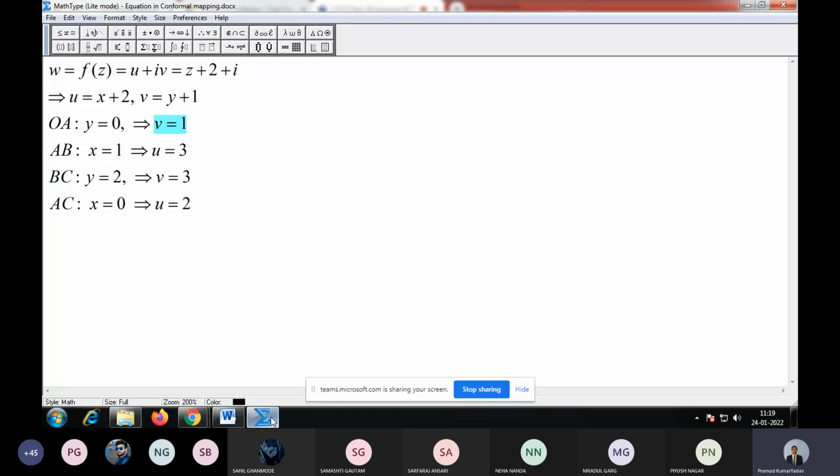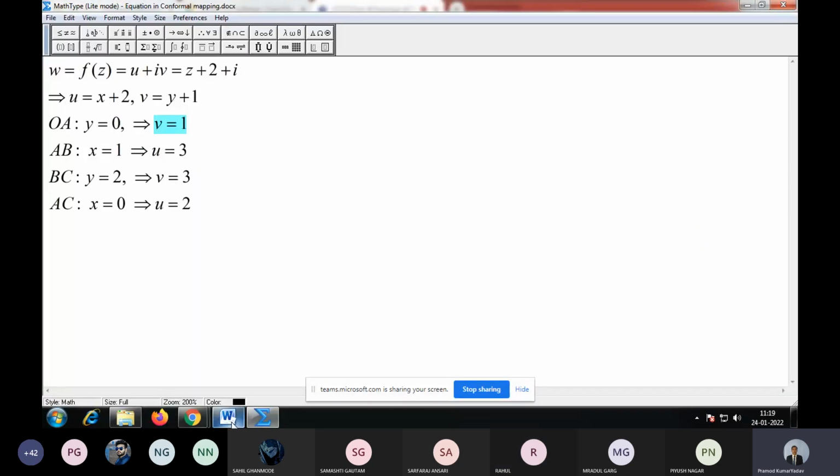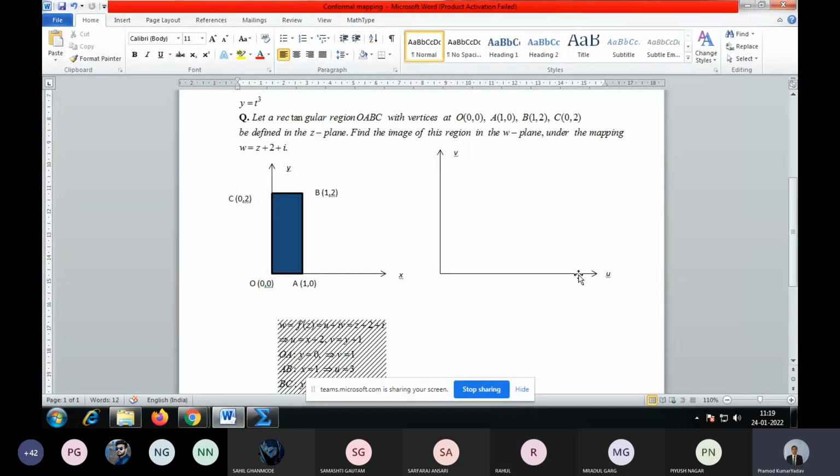Sir, it means that the line's real part is 0 and imaginary part is equal to 1. No, now I have drawn the picture. Now you can see the picture: the u axis and v axis. It is the W plane. Sir, it is a line which is parallel to the u axis.